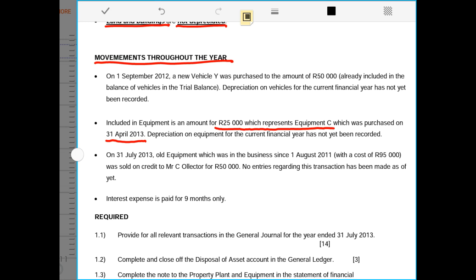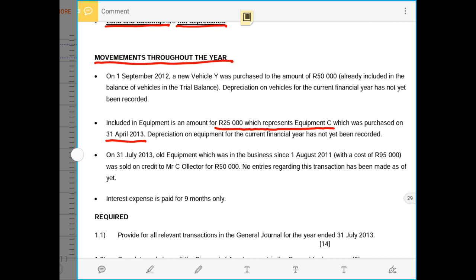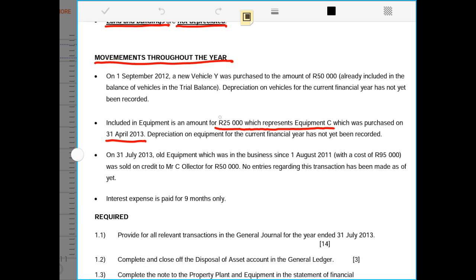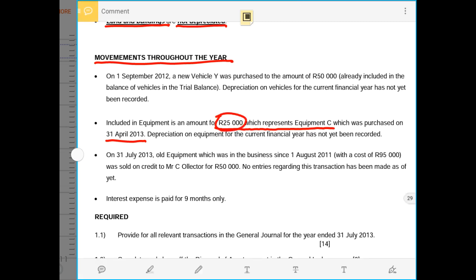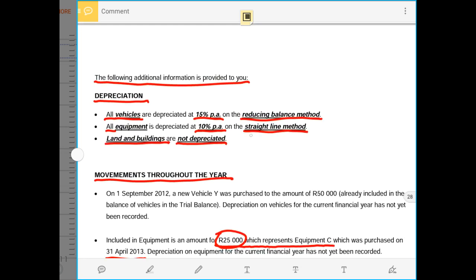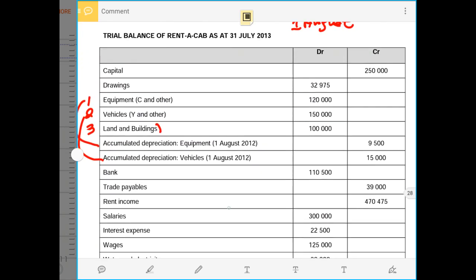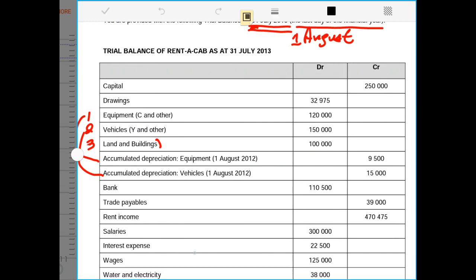So now we are told that equipment C that was bought during the year costing 25,000 rands is already included in the amount of the equipment that sits in the trial balance. Let us go and check how much is the total of our equipment. Our equipment says 120,000 rands and is made of equipment C and other equipment.